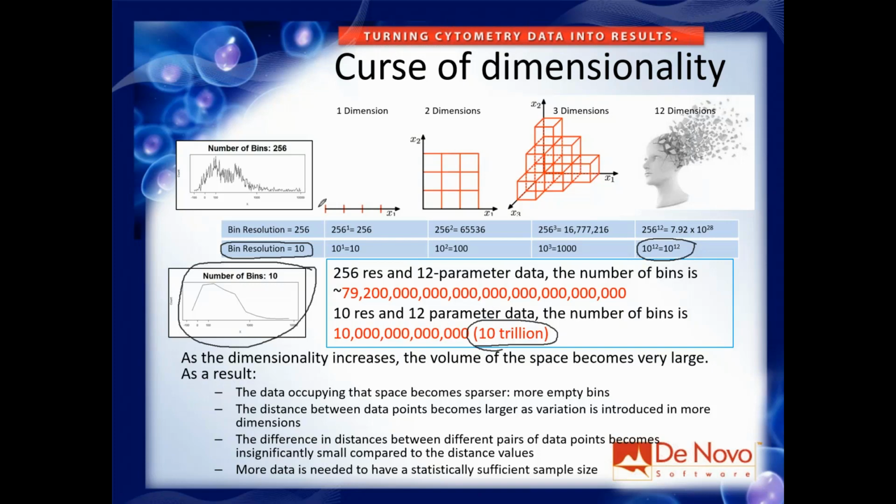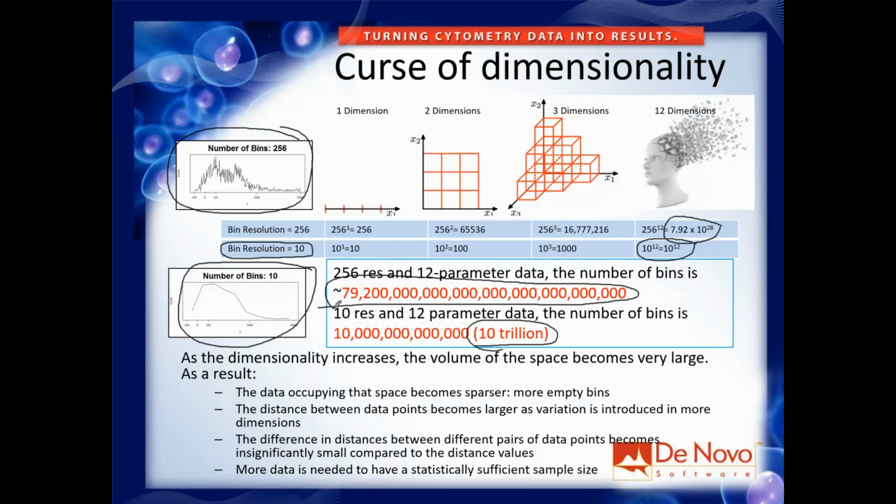And if we take a number of bins that's reasonable for flow data, 256 bins per dimension, by 12 colors I've got almost 8 times 10 to the 28 possible bins that my data can go into. So you can imagine trying to search through and deal with this many bins on just 12 parameter data.